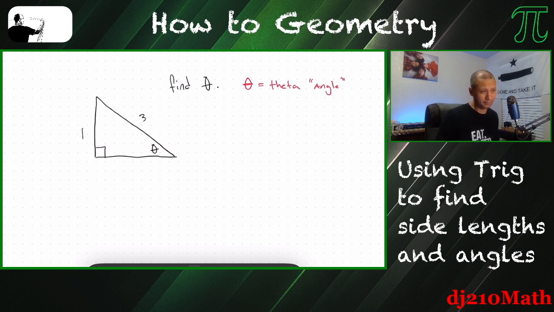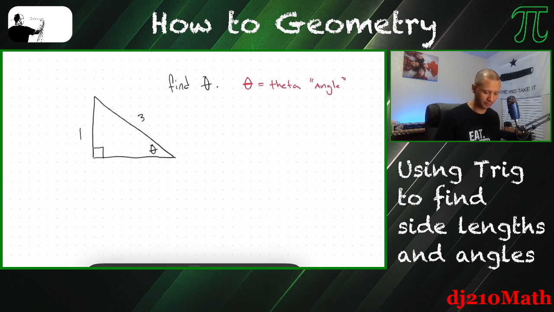Okay, so let's find the angle. Since we're looking for an angle, there's only one tool that we have in our box to find an angle, and that's inverse trig.